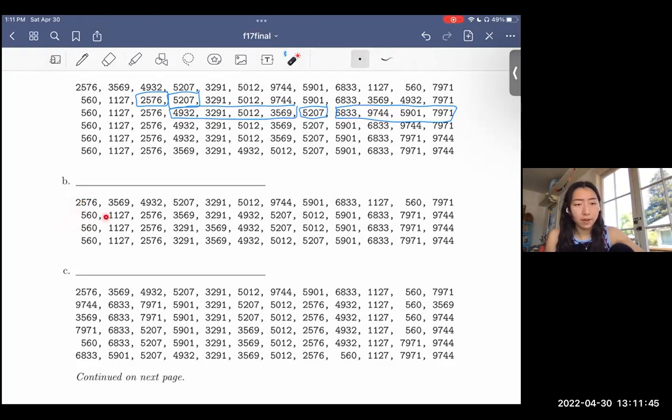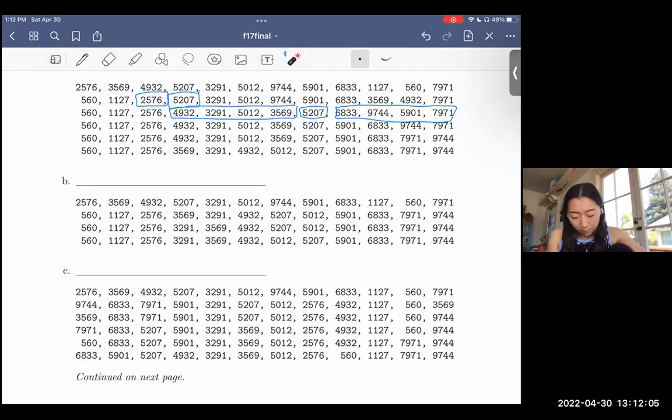Like we have the 500s, then 1000, 2,000, 3,000s, these are out of order, okay. 4,000, oh, 5,000s, oh, these are out of order amongst themselves, but okay, and then 6, and then 7, 9. And so we see that they're really close to sorted, at least by the most significant digit, right?